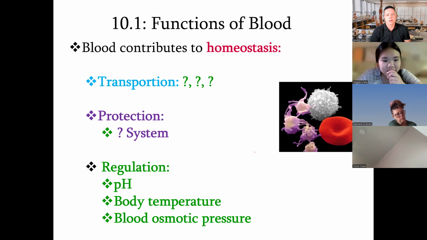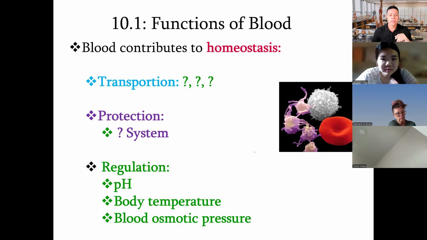Now let's take a closer look at the functions of the blood. Blood is extremely important to maintain our homeostasis. And by now, we all know what homeostasis means. Homeostasis means balance in our body. So blood plays a huge role in helping to maintain this balance.